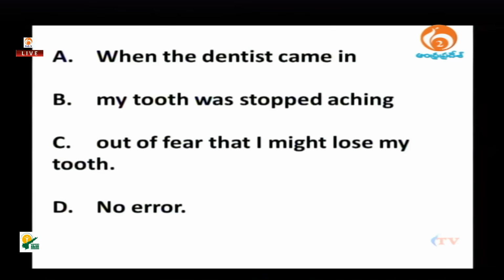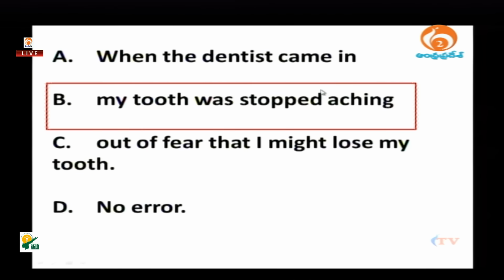So, the question stem says, when the dentist came in, my tooth was stopped aching. Now, was is a redundancy here. You cannot be using was, because what stopped aching? The tooth stopped aching. So, it's a direct statement.